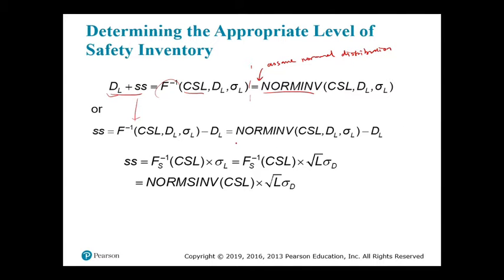And then from this step to this step, we're using the relationship between normal distribution and standard normal distribution. So this is just so that it allows us to use less input. In your homework, you can use either one to get the same result.